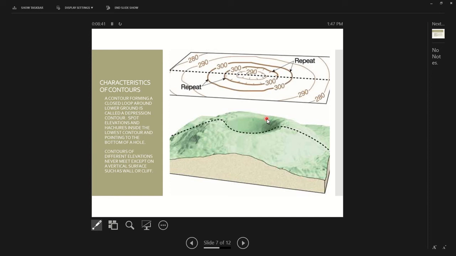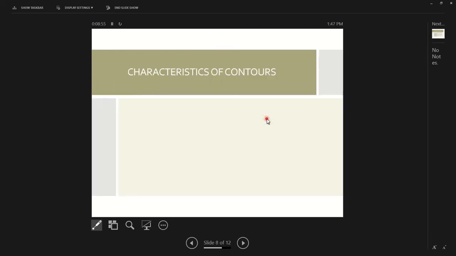Then contours of different elevations never meet except on vertical surfaces such as walls or cliffs. That's where they're just stacked on top of each other. So they never ever meet, they just look like they do because they're stacked on top of each other.